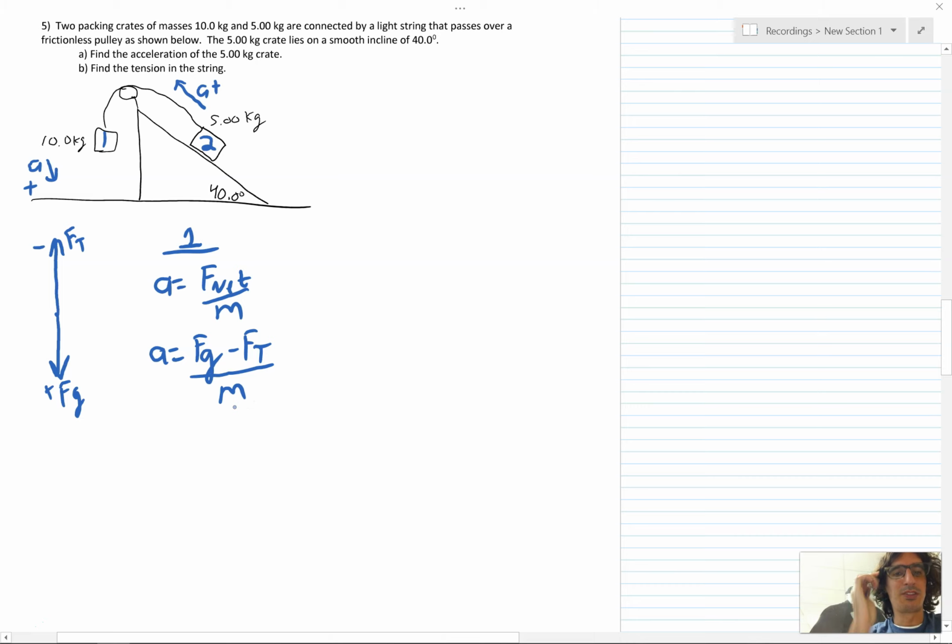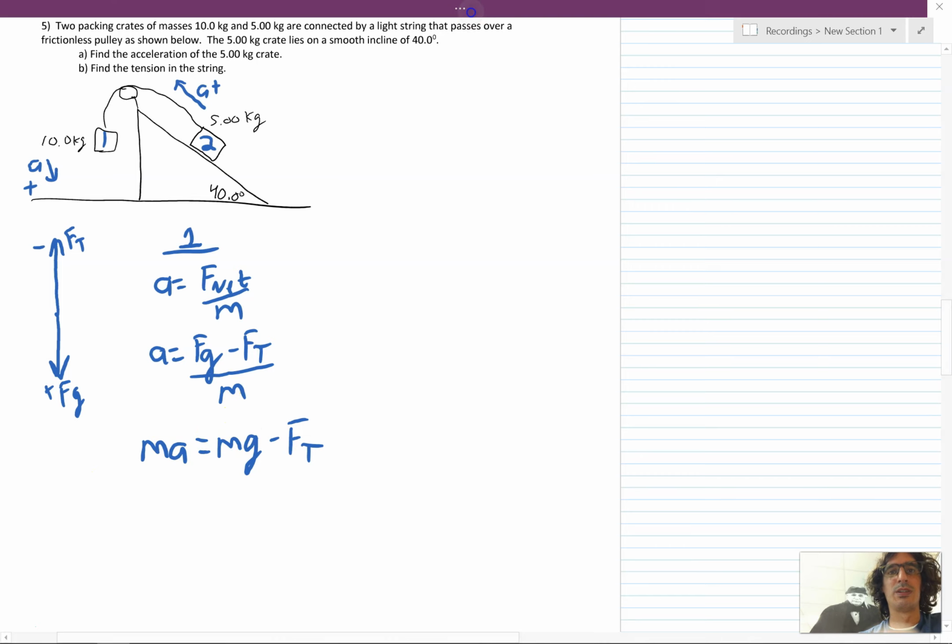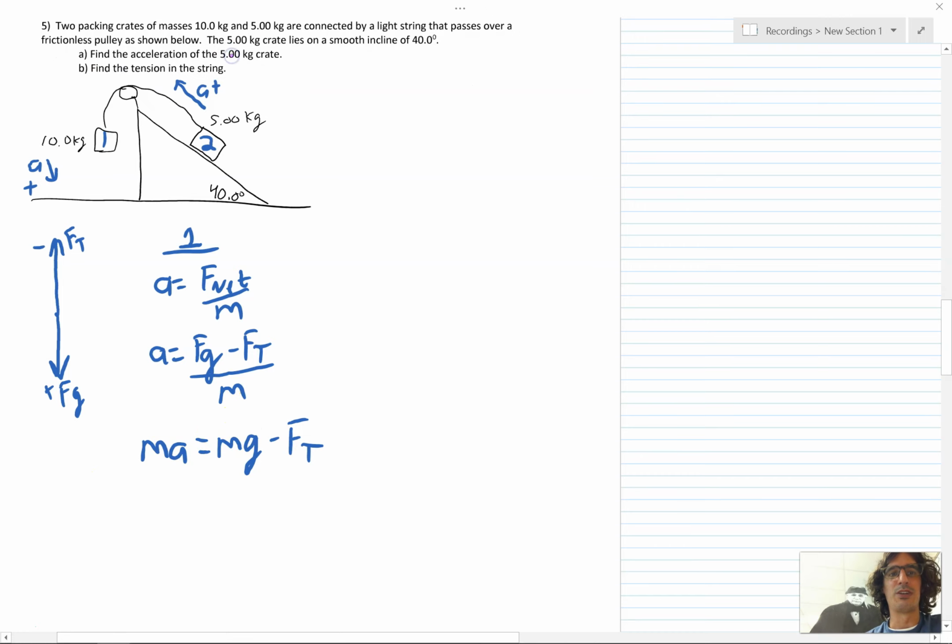We'll multiply both sides by the mass. So we have ma equals, and we could break the force of gravity down into mg, minus F of t, which is what we're solving for, along with the acceleration. We have one equation, two unknowns, which means we need to build our second equation.